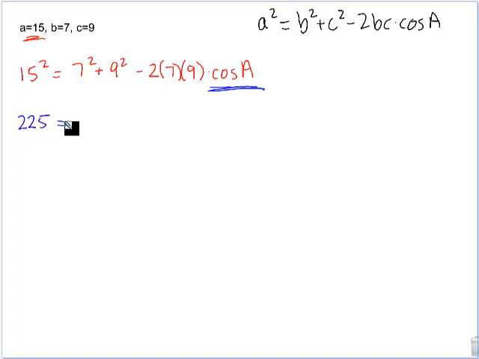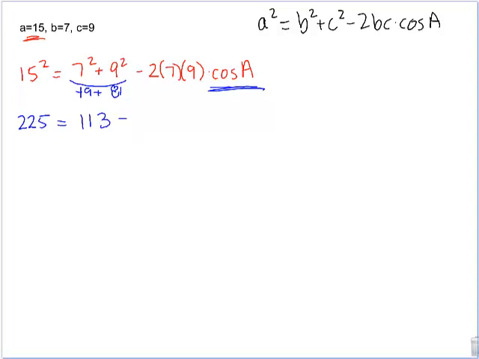225 equals. Now here we have two values that are being added together, so we can certainly combine them. They don't have any variables on them. So if you take 7 squared plus 9 squared, so 49 and 81, what do you end up getting? 113, you said? 130.